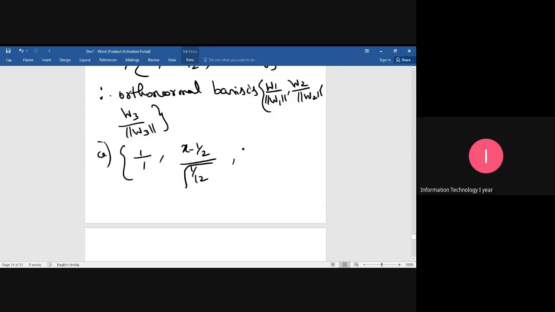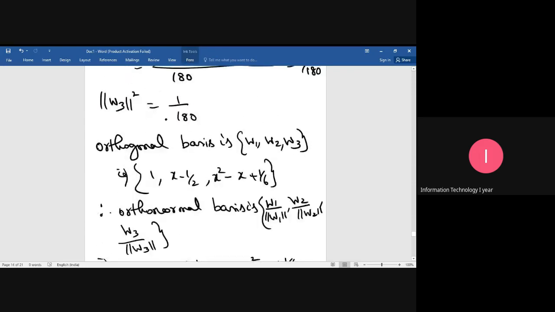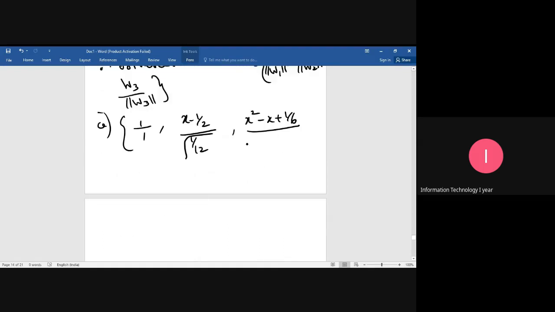W3 answer is x square minus x plus 1 by 6 divided by norm W3. Norm W3 is what we just calculated. Norm W3 square is 1 by 180. Therefore it is actually the square root of 1 by 180.